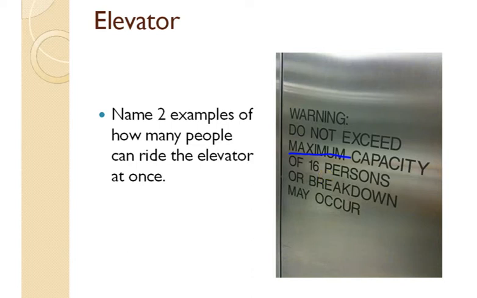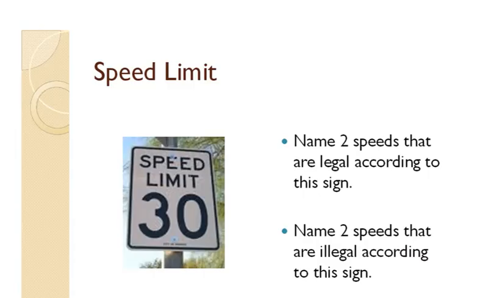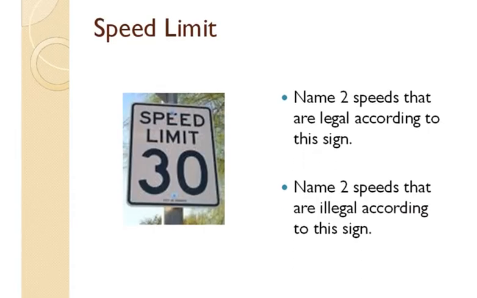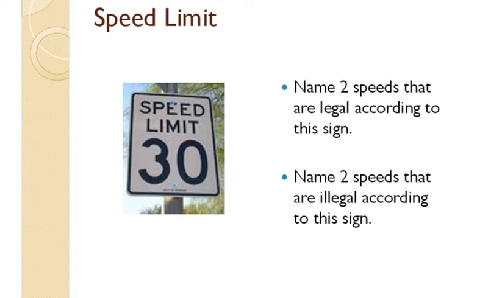And that's so that the elevator doesn't break. And usually we have minimums or maximums for safety reasons. You also have the speed limit, which is another obvious safety reason. So in this case, there's a maximum speed of 30 miles per hour. Can you go lower? Yes. Can you do exactly 30? Yes, but you are not supposed to do over 30.